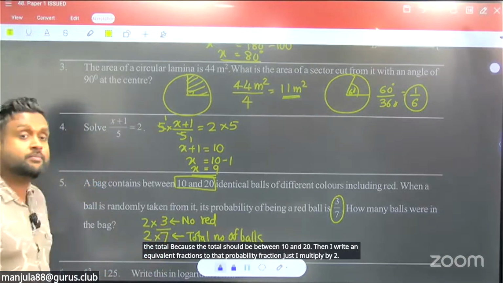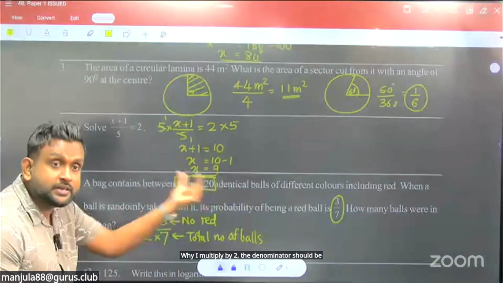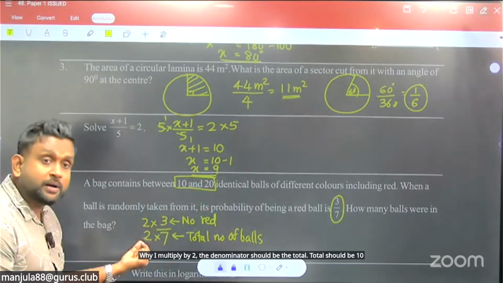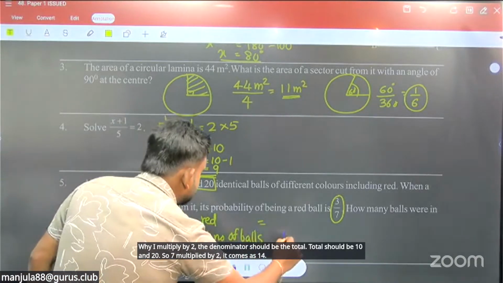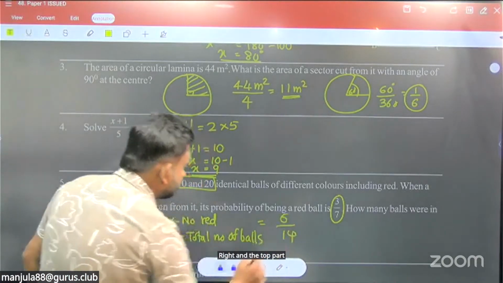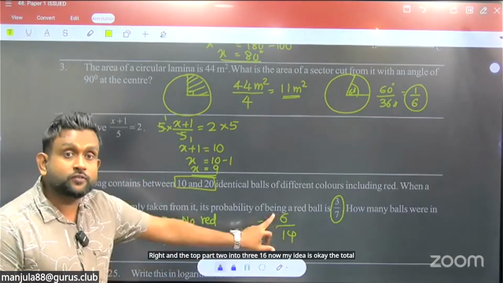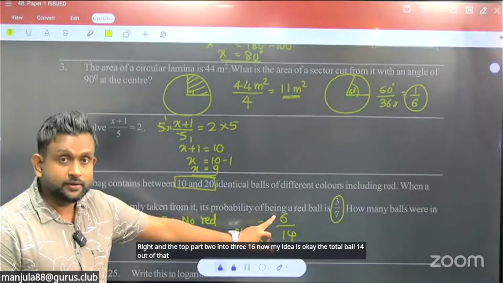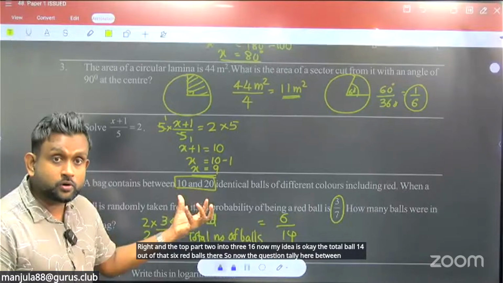Why do I multiply by 2? The total should be between 10 and 20. So 7 multiplied by 2 comes as 14, and on the top, 2 into 3, 6. Now the total is 14 balls, out of that 6 red balls. So the total is between 10 and 20.